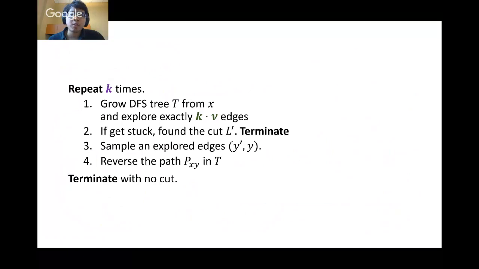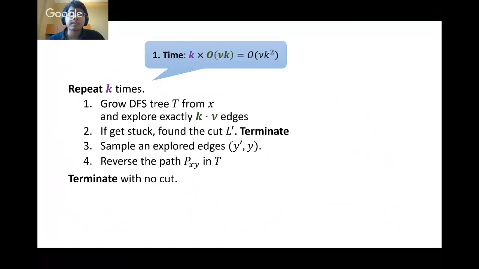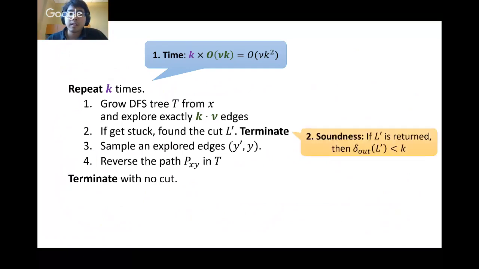What we need to show is three things. First, we need to show that the running time is nu k square. Second, we need to show soundness. That is, if L prime is returned, then we must show that originally in the graph, the cut size, the number of edges that go from L prime to the outside, is less than k.